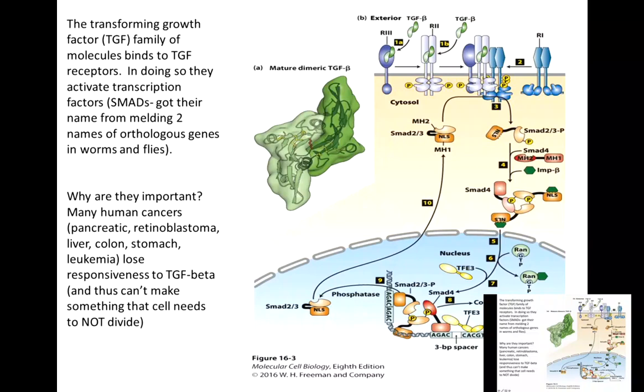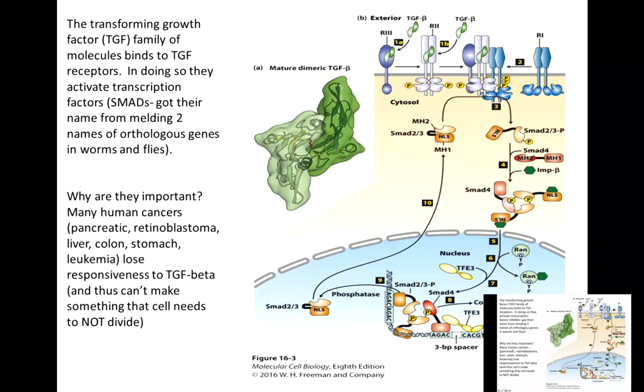And now that the complex is in the nucleus, it's going to bind to DNA. So this SMAD complex is a transcription factor, along with TFE3, which is another transcription factor, and it will change what genes get expressed. Okay.